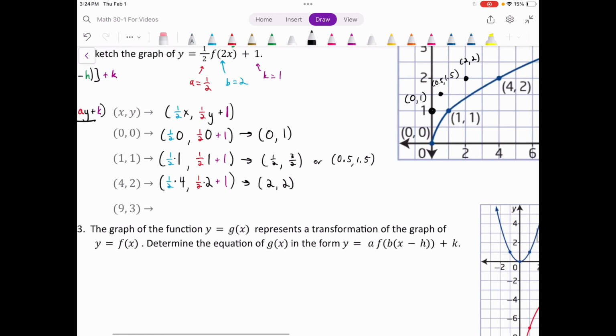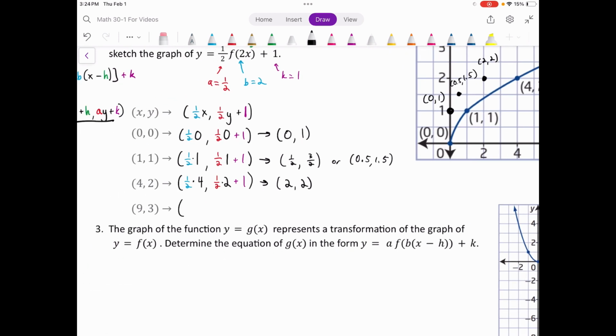One more to go. Every x coordinate gets multiplied by 1/2, so 1/2 times 9, okay, and then we've got an a value of 1/2, so each y coordinate gets multiplied by a, and then a k value of 1, a vertical translation 1 unit up, so add 1 to that. And what are we going to get here? Well, 1/2 times 9 is 9 over 2, you could say, or we could just say 4.5.